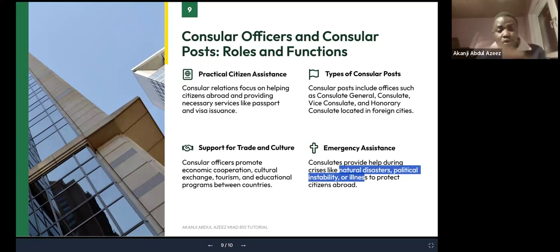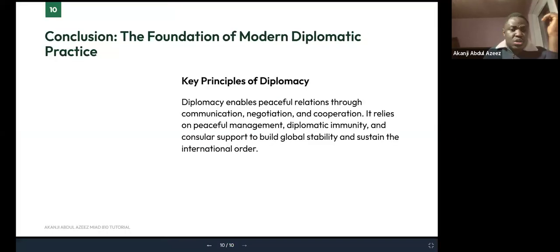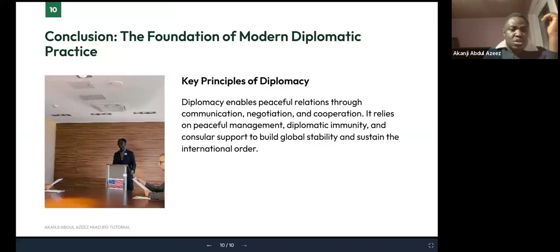So we are at the end of module 2. In conclusion, what you need to know is that diplomacy means peaceful relations, where governments communicate, negotiate, and cooperate in the international political system.